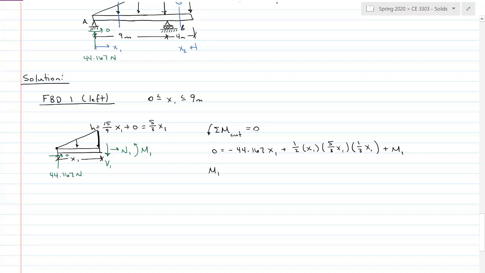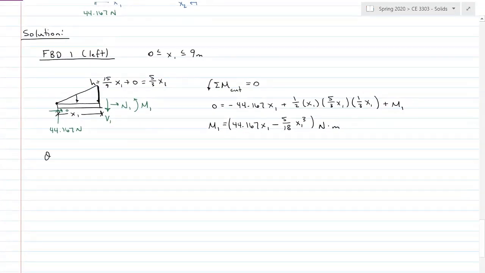So my moment 1 equation would be 44.167 x1 minus 5/18 of x1 cubed, and we are in a moment, so this is Newton meters.